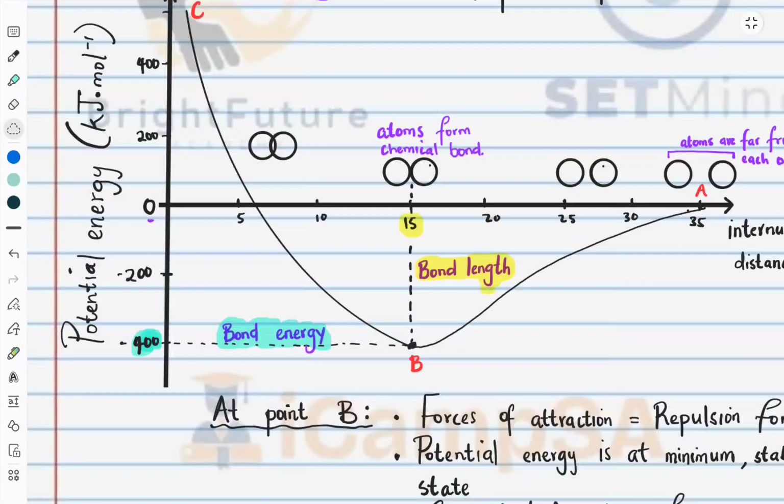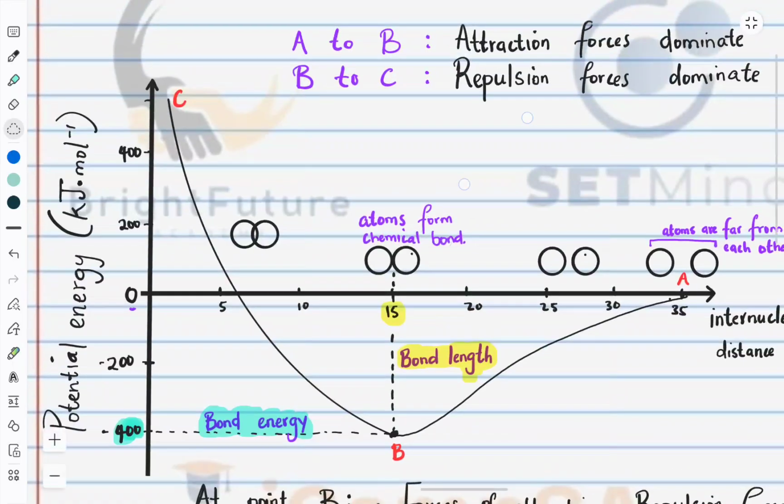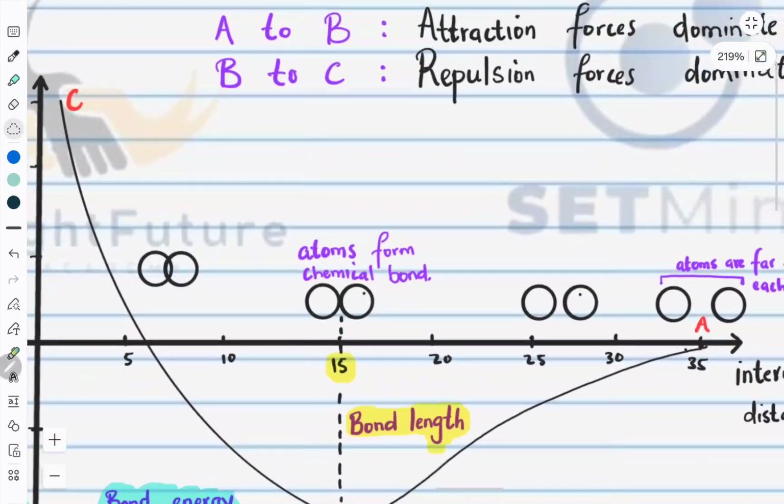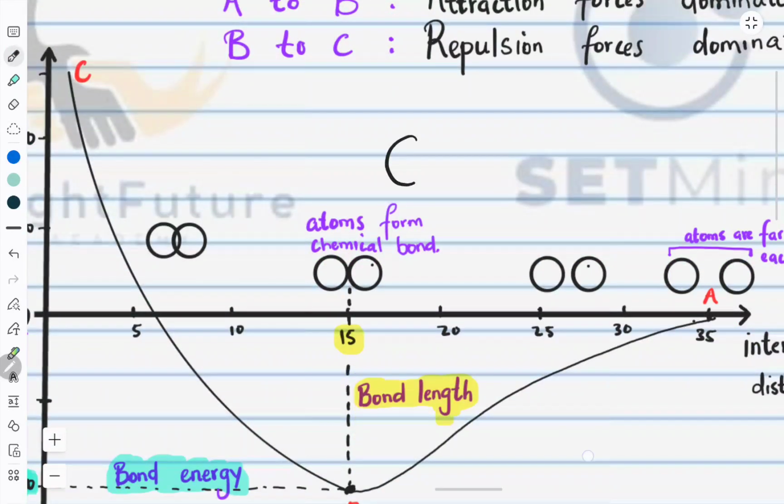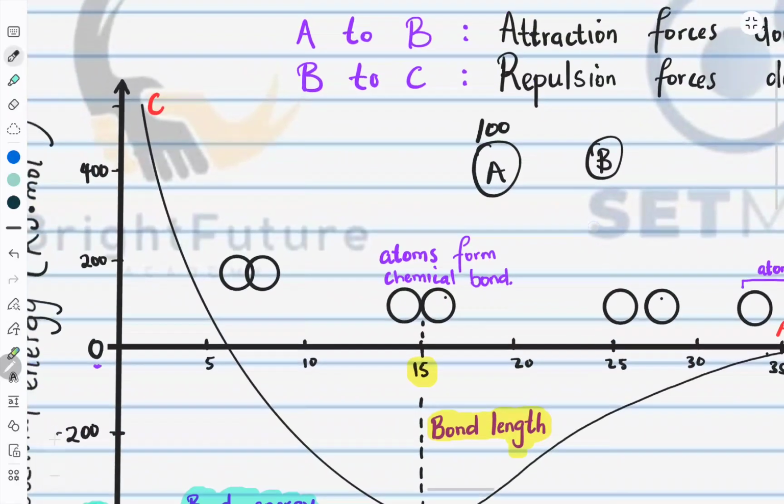Let's say this is atom A, and this is atom B. Individually, maybe this one has about, let's say, 100 kilojoules per mole, and this one has about 80 kilojoules per mole. We're just making up values for the sake of this example.